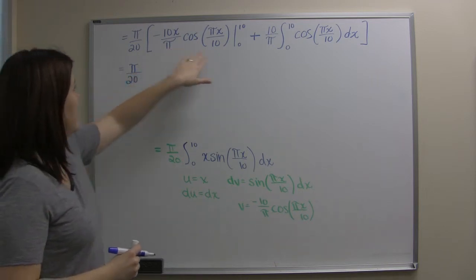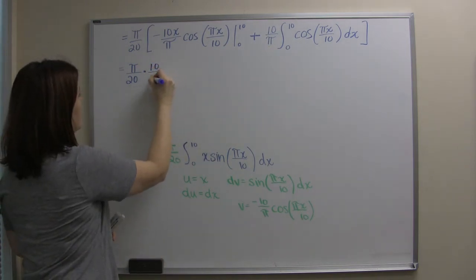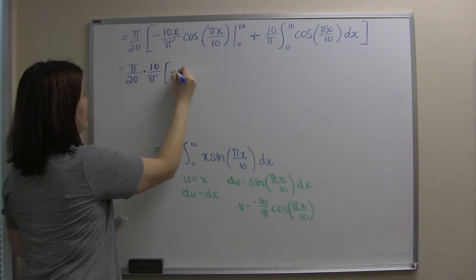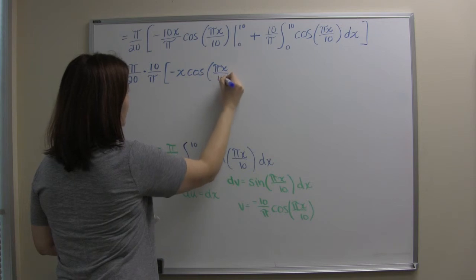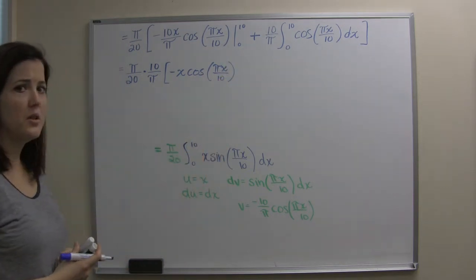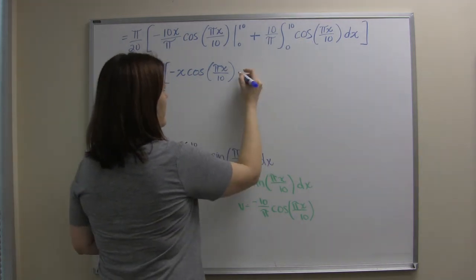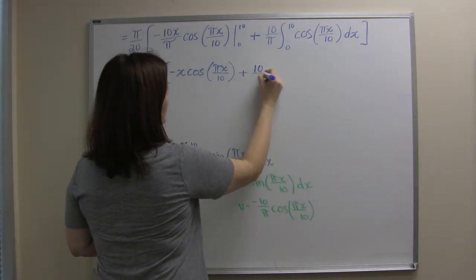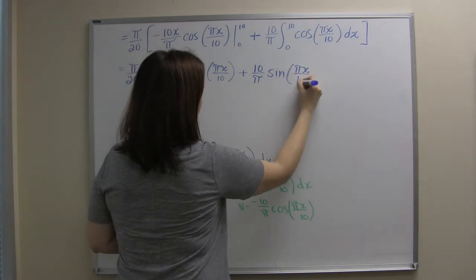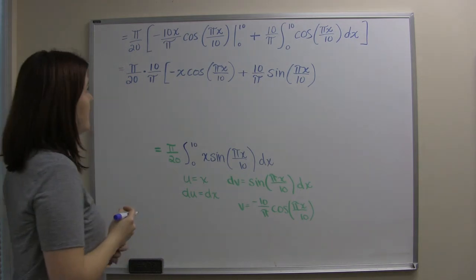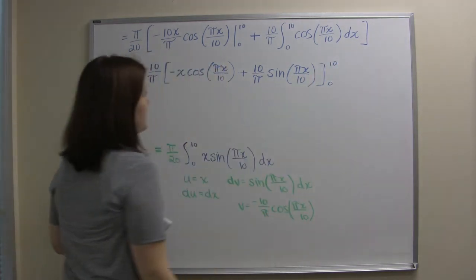Both of these guys have a 10 over pi, so I'm going to go ahead and pull that out, which will leave me negative x cosine pi x over 10. And then I just have to do a little u sub on my second integral. So I'm going to end up with 10 over pi sine of pi x over 10 when I take that antiderivative, and this whole portion here evaluated from 0 to 10.